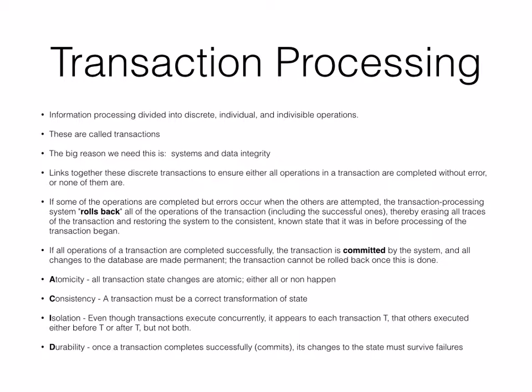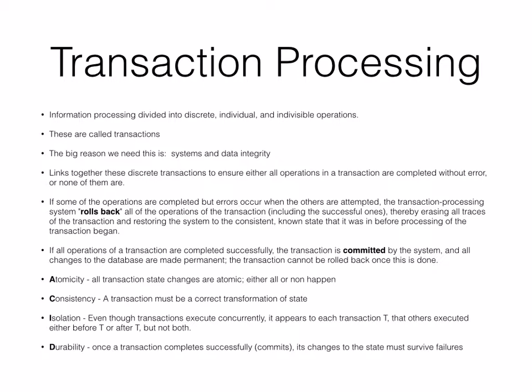I apologize for this being a bit of a crowded slide, but there's a lot to understand with respect to transaction processing. What this basically is, is the processing of data into discrete, individual, and indivisible operations. So it's operations that can't be divided into anything else, and we refer to these as transactions.